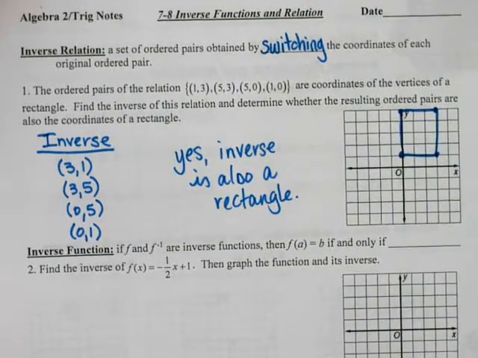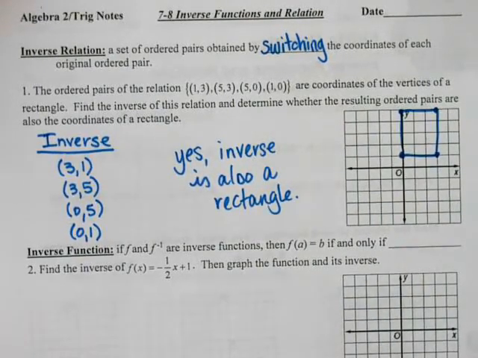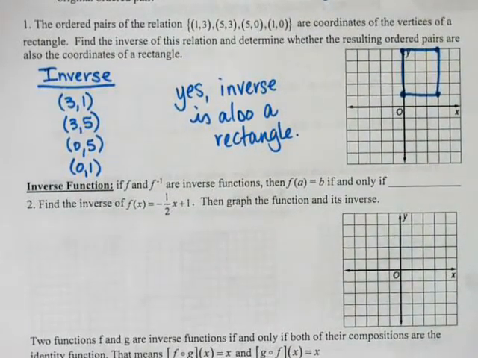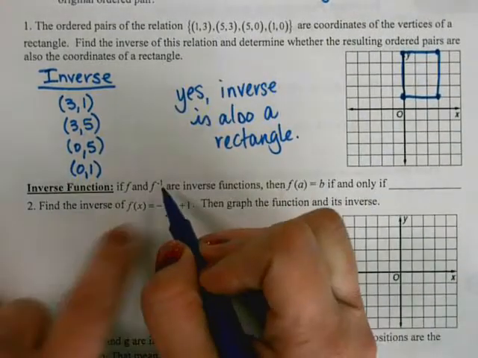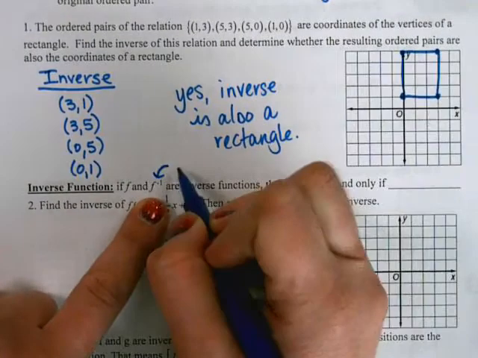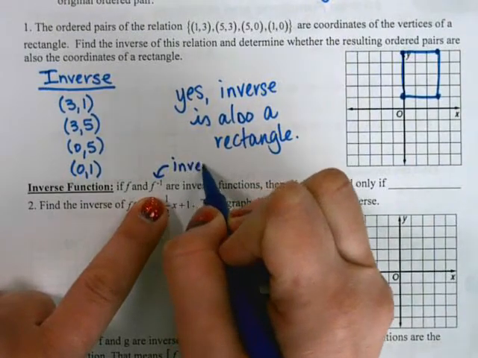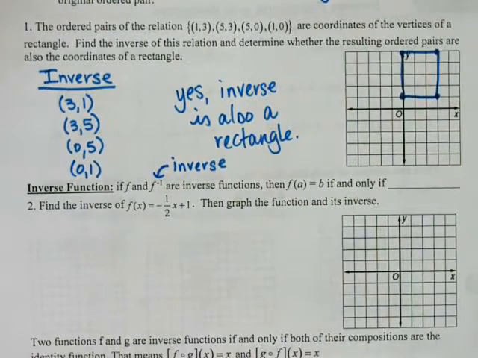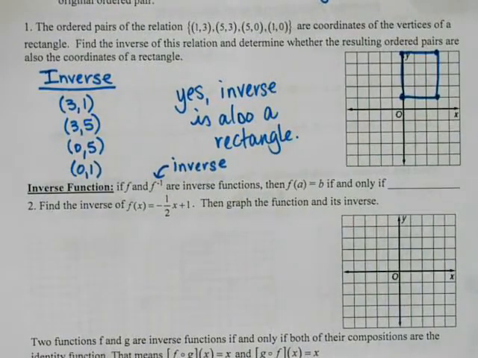So not too bad, right? We just switched the ordered pairs. So then it says an inverse function, and it says if f and f to the minus 1, this is just function notation that means inverse. So we just put f to a negative 1 exponent.